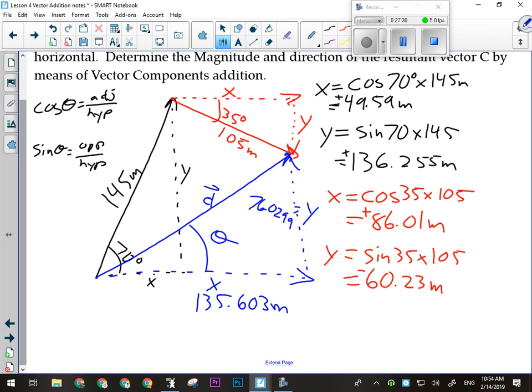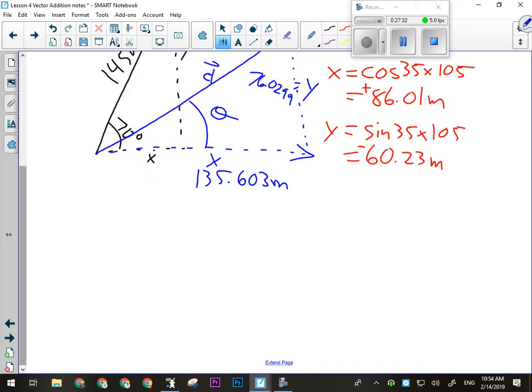Sorry, I didn't write these down here. Blue x I calculated by going 49.59 plus 86.01. So that was taking black x and adding red x.